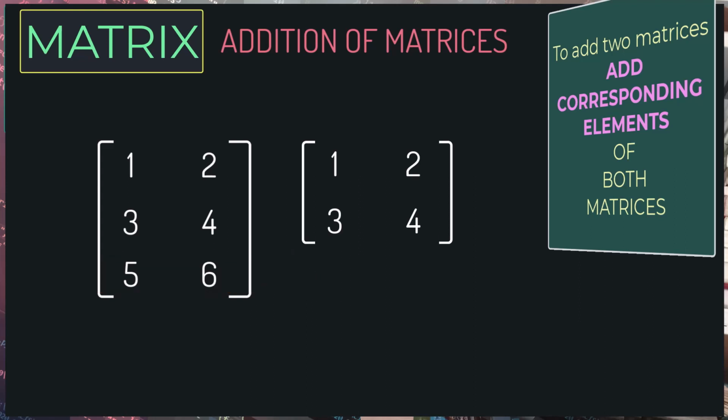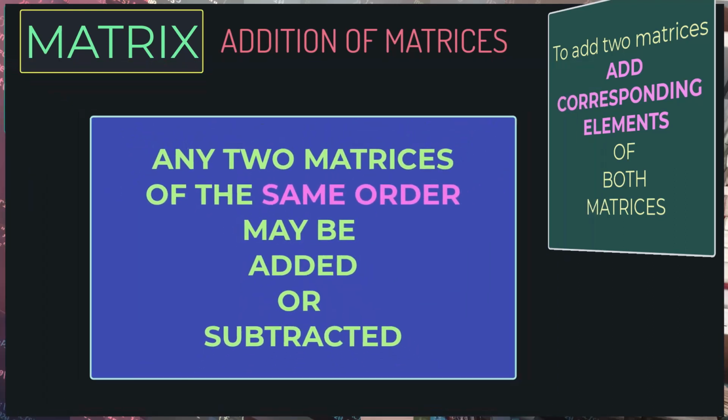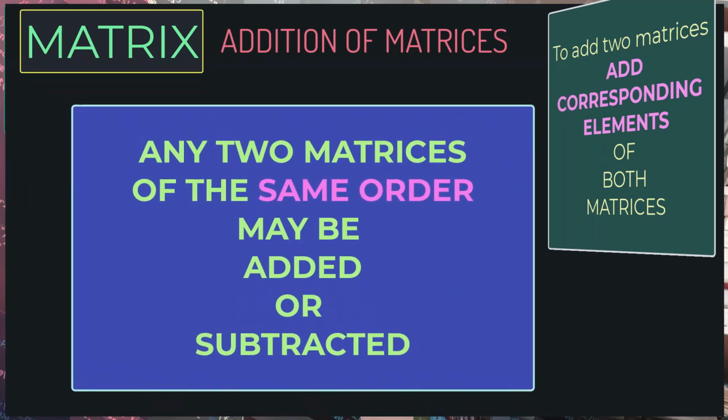So the primary question is, what is the condition for two matrices to add? The answer is, they must be of the same order. This is the same for subtraction. So in brief, any two matrices of the same order can be added or subtracted.